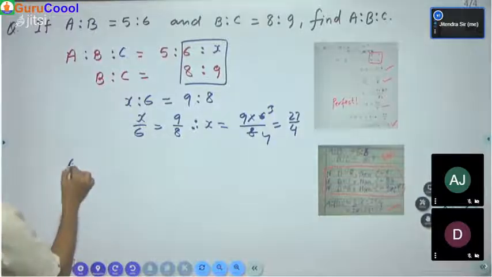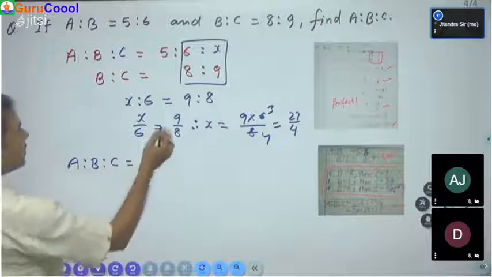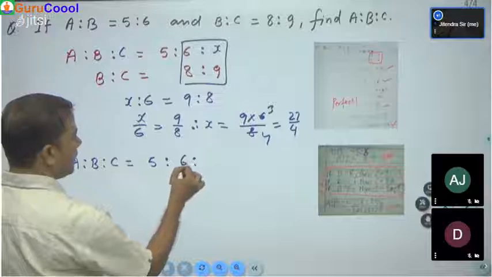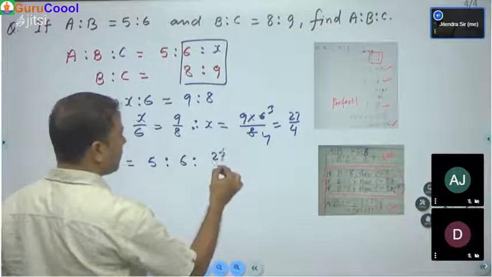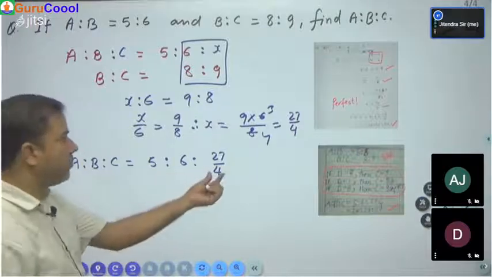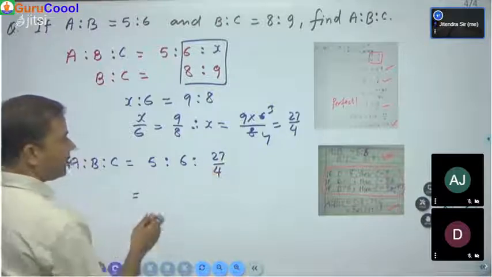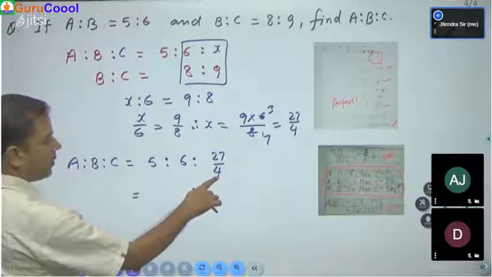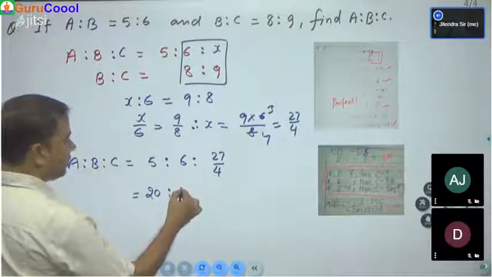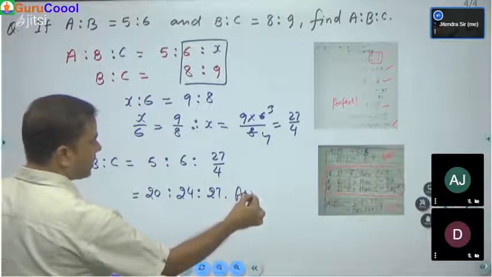And so if you want to find A is to B is to C, it is 5, 6 and X, that means 27 by 4. So take the LCM of all the denominators, but we have only one denominator, so LCM is 4 itself. Multiply each part of the ratio with LCM 4. So 4 5s are 20, 4 6s are 24, and this becomes 27 only, and that's the final answer.